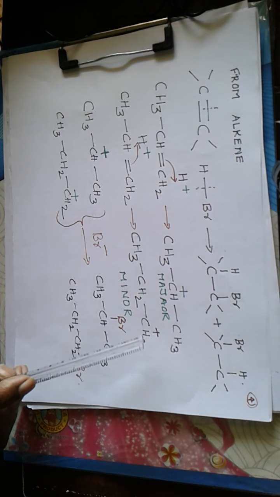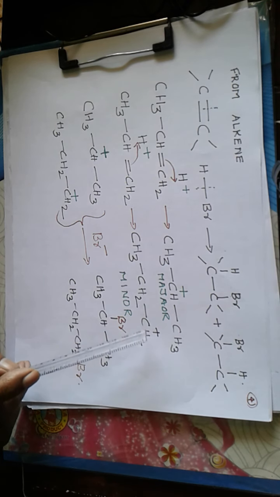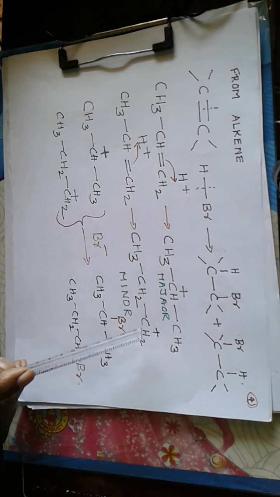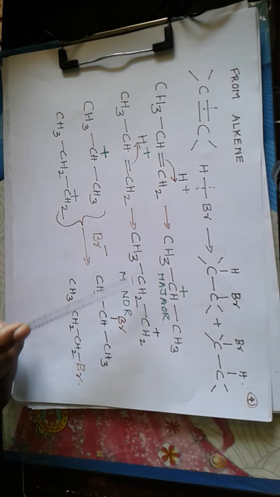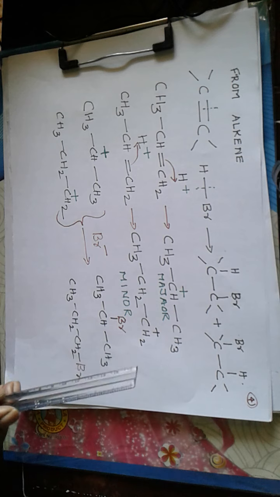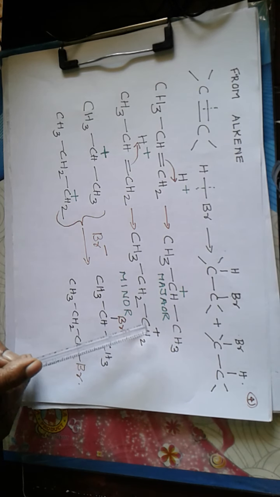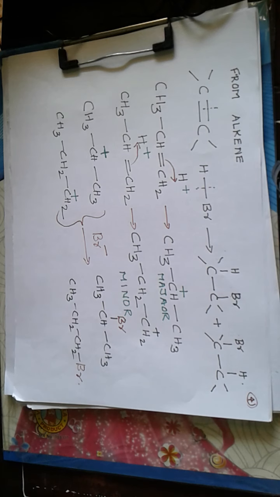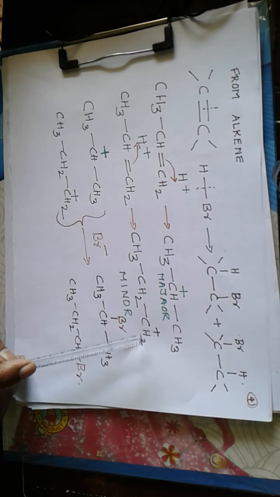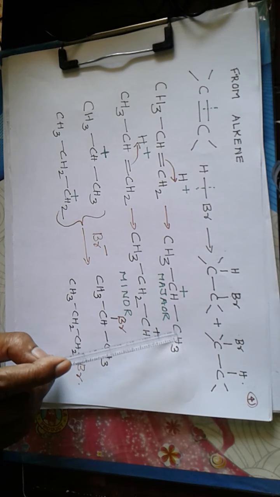We get a carbocation in which the positive carbon is directly bonded only to one carbon. So it is a primary carbocation. This is a secondary carbocation.